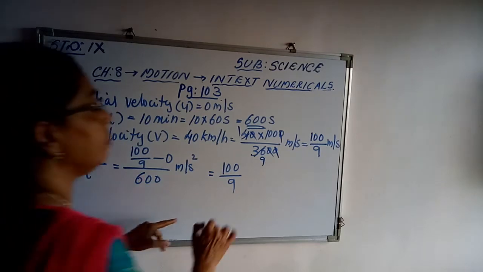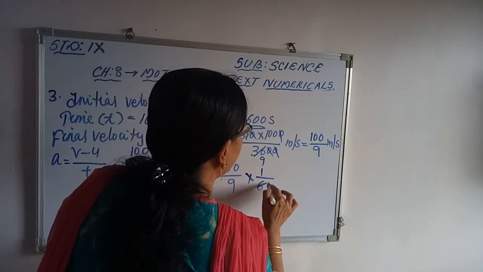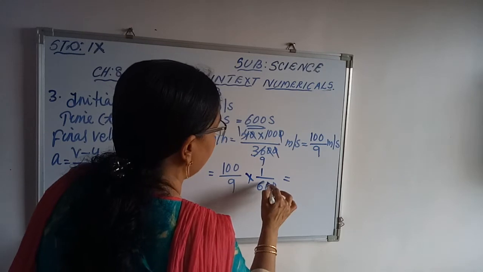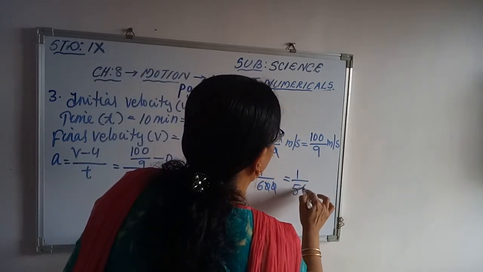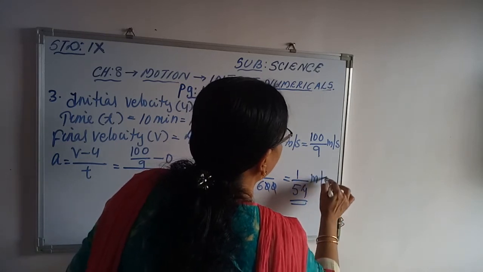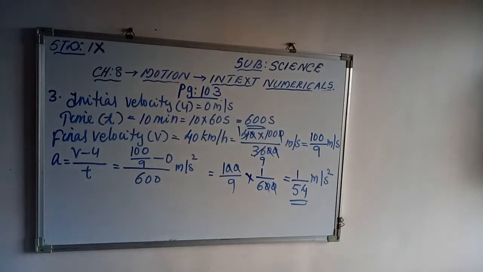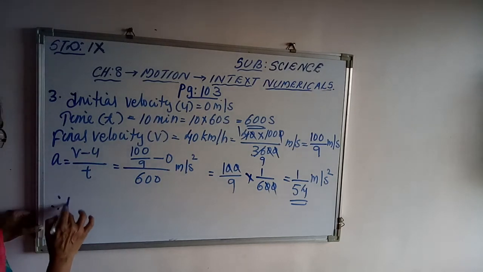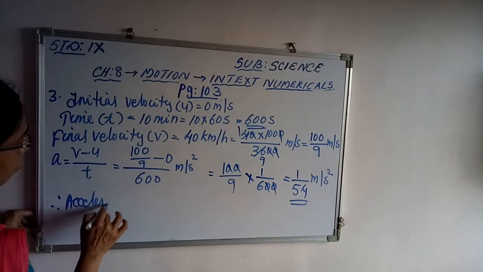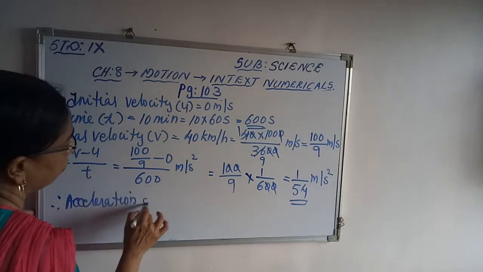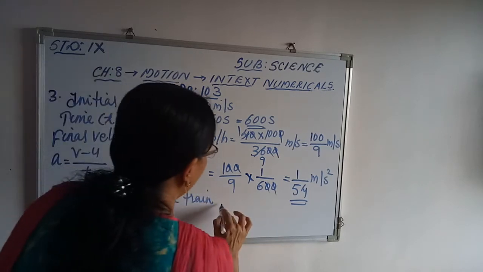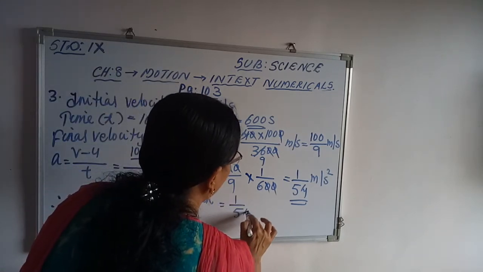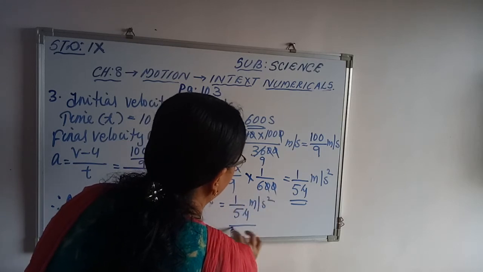Divided by 600 means multiplied by 1 upon 600. The answer you will get, 0 and 0 cancel. Here also 1 upon 54 meter per second square. So what is the acceleration? Therefore, acceleration of the train is equal to 1 upon 54 meter per second square.